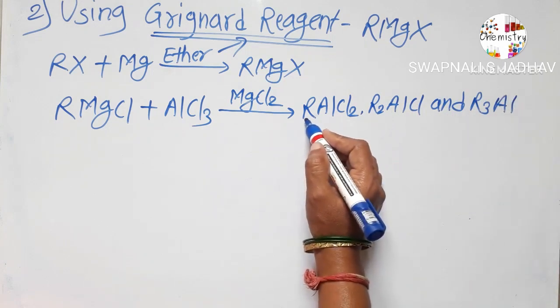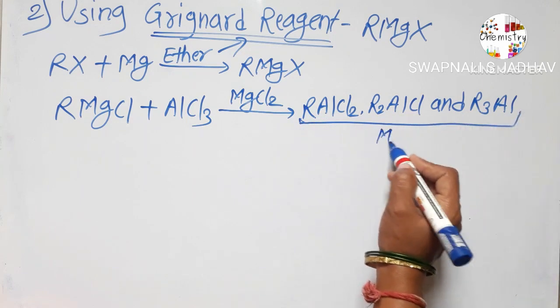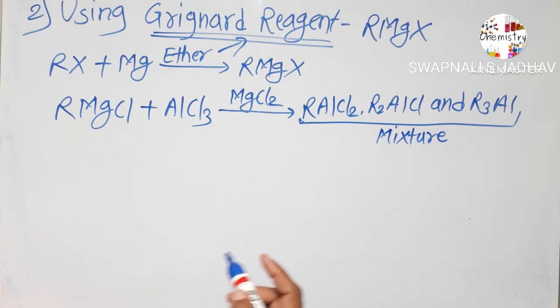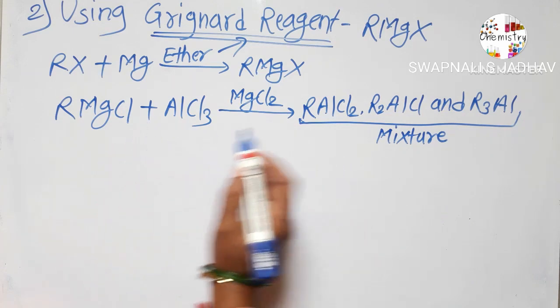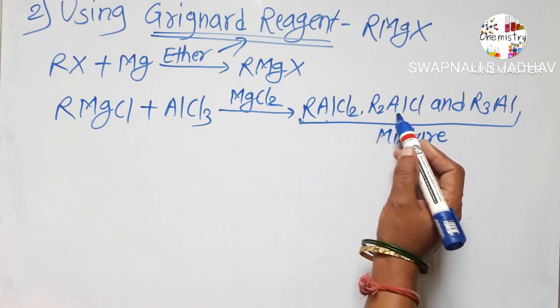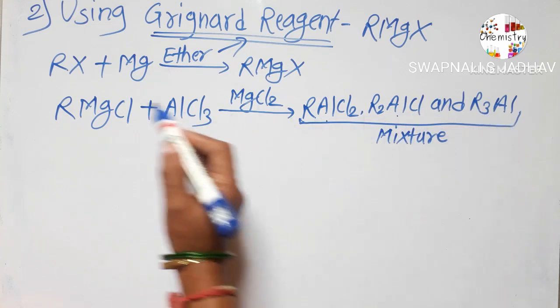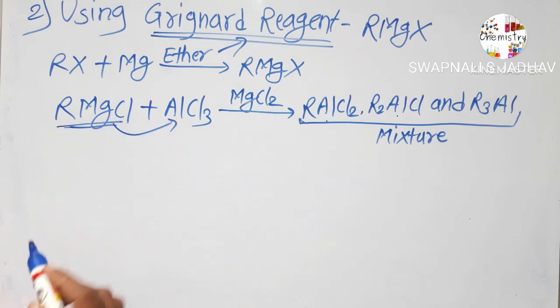Here we get a mixture of organometallic compounds of aluminium, where R is an alkyl group or aryl group. So a mixture of RAlCl2, R2AlCl and R3Al may be prepared by the action of Grignard reagent on AlCl3.